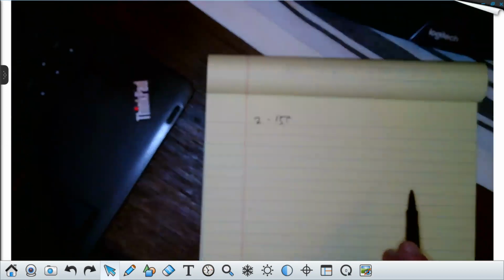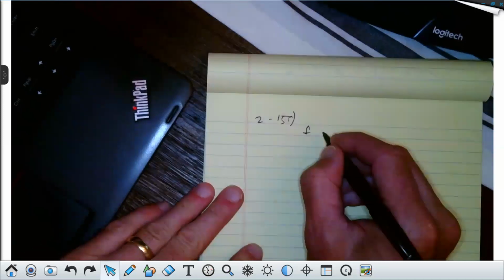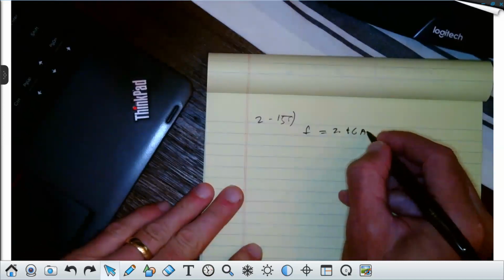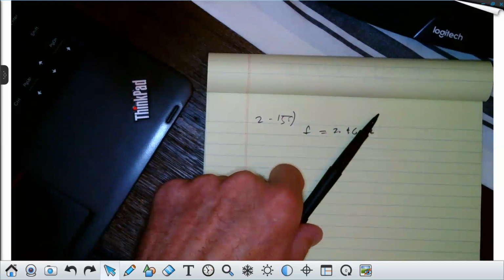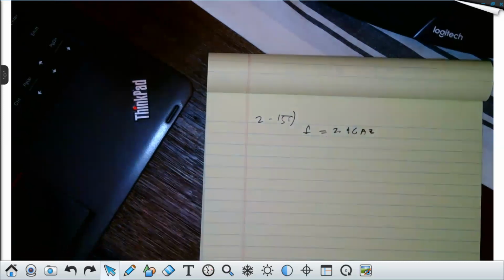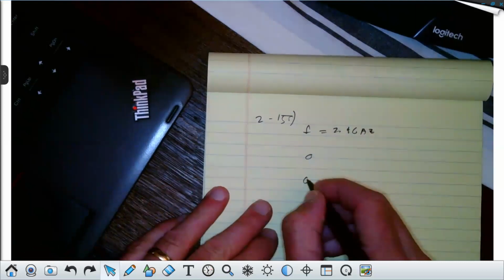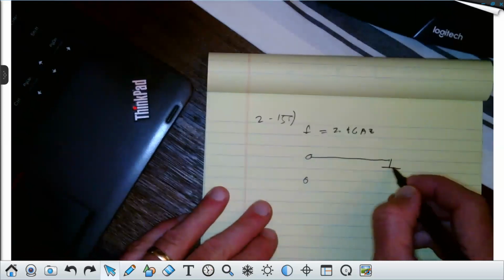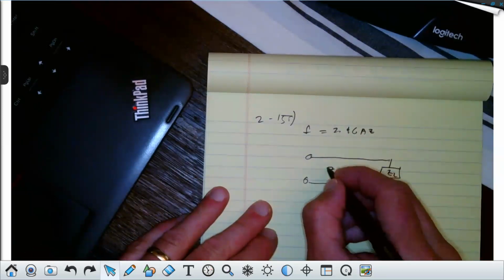2.15. And it says that the frequency is 2.4 gigahertz, right? And then it says that the wave is launched on a 1.5 meter length of line, terminated into a matched load. So here's what we got. We got some ZL here and some Z naught here.